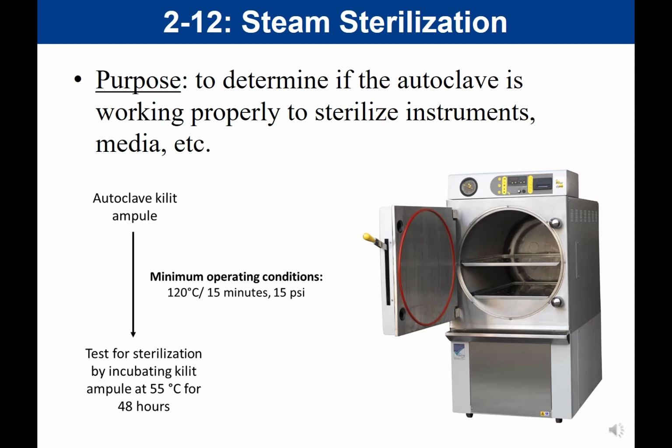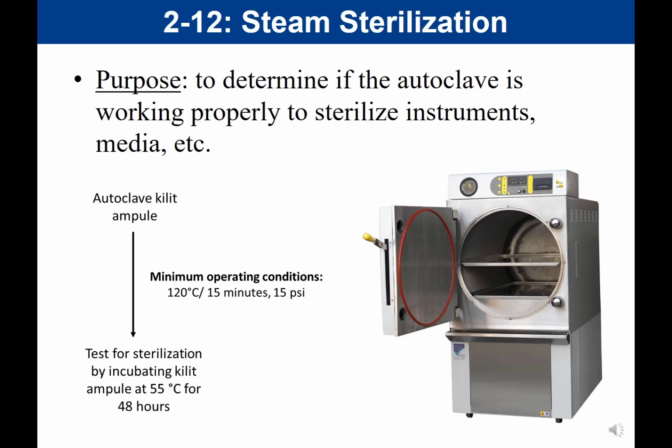So let's talk about media, right? And we've talked about how we make nutrient agar. And so you take the powder, right, and we dissolve it in the water. And in order to get the powder to go into solution, the powder has to be heated to above 100, right? So we need it to boil in order for the powder to dissolve.